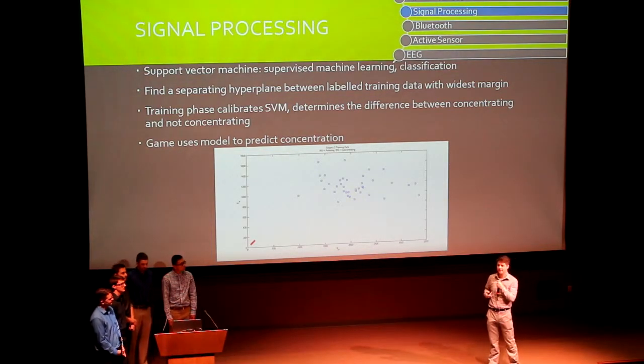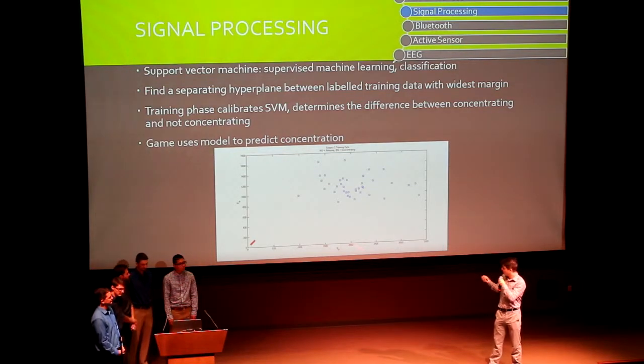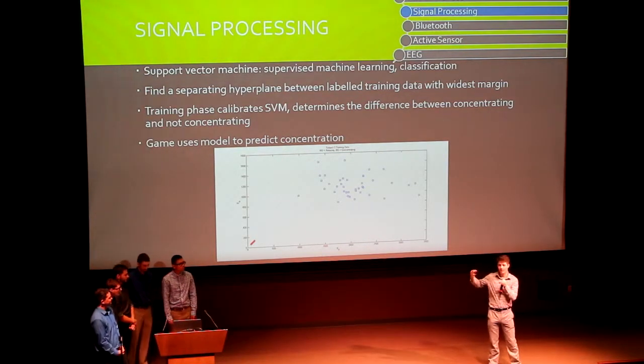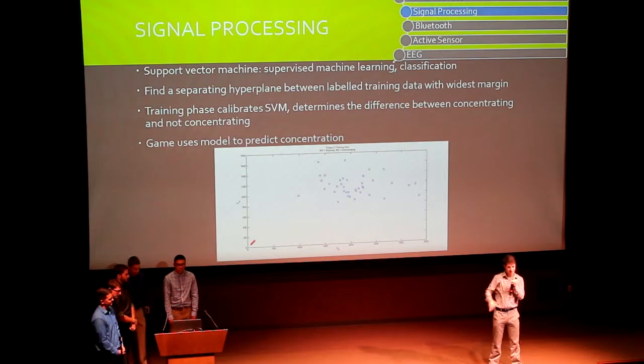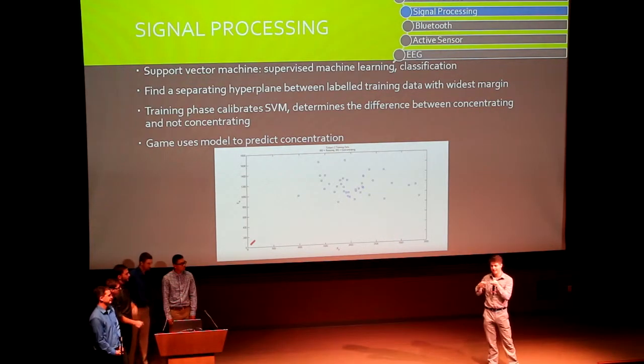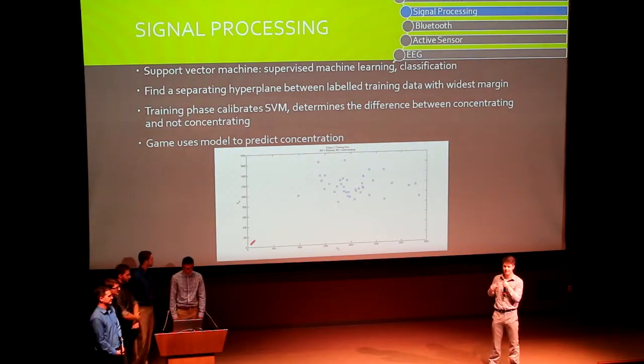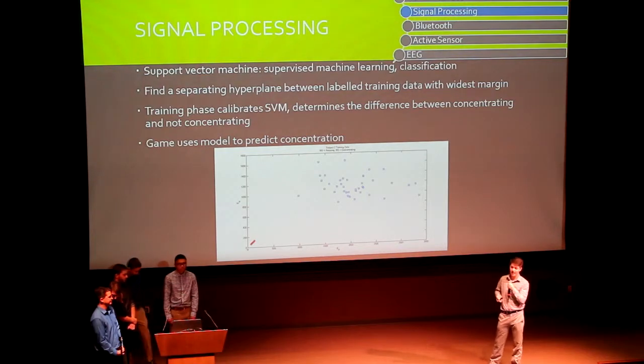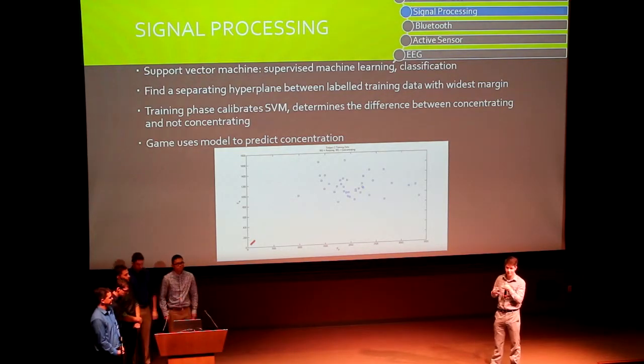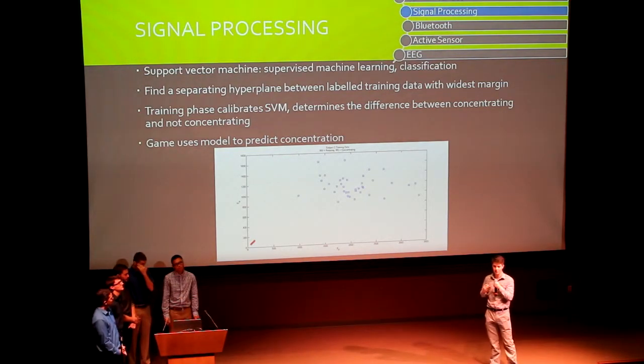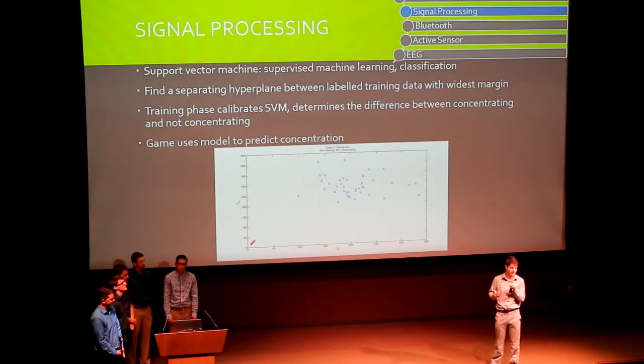Then using this training set, you train the support vector machine, which essentially finds a separating hyperplane between the data with the widest possible margin. The center of that boundary is then a decision boundary where you can apply new inputs, which would be the energies when we're making predictions, and it'll be able to predict whether the user was concentrating or relaxing.